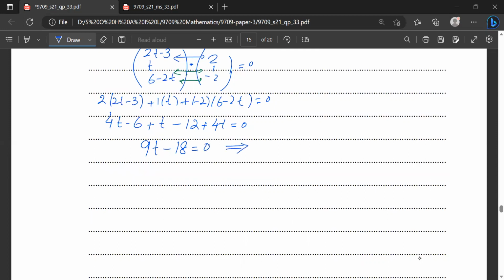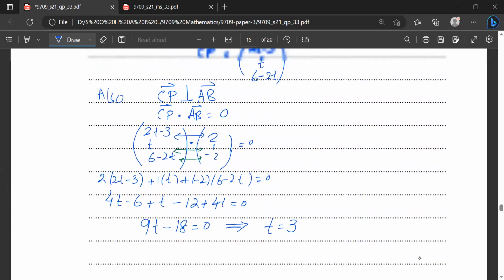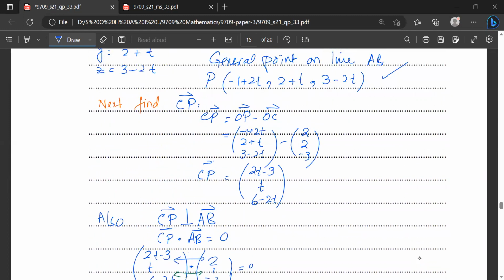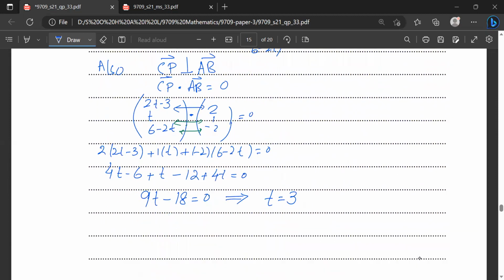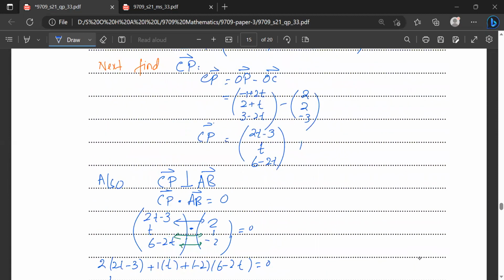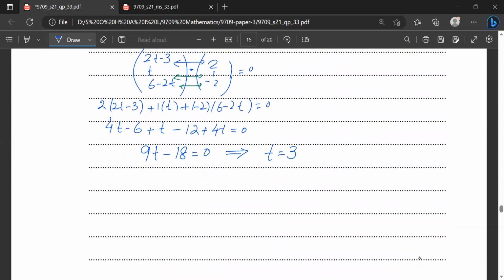And yes, t is equal to 2 is the value of t for which the point P is on the line AB, which is closest to C. So using this value of t, you can find the vector CP.